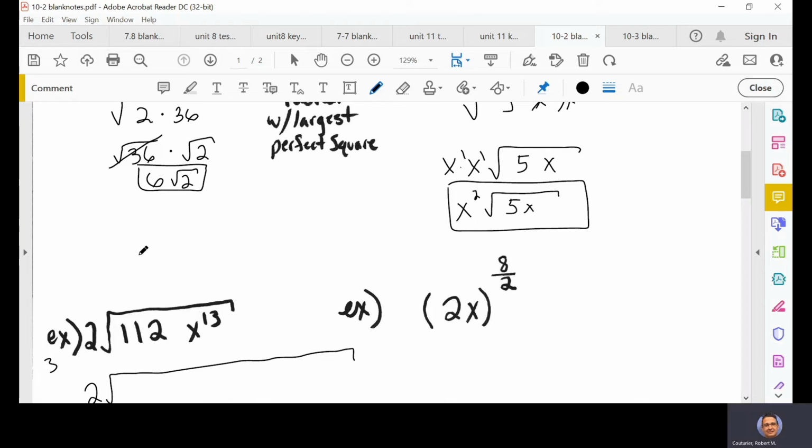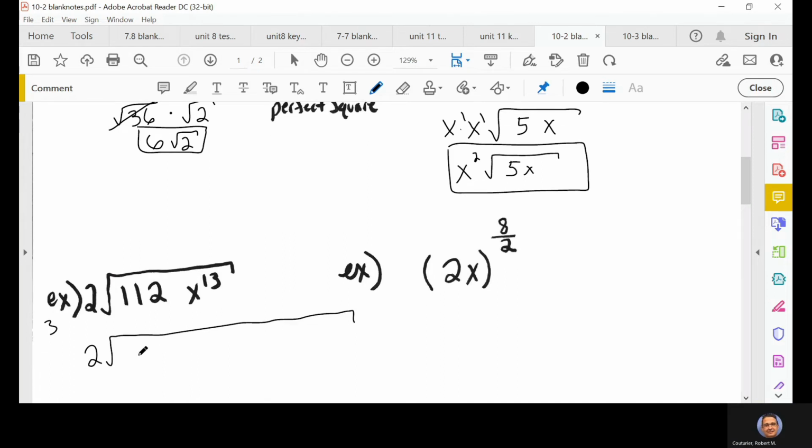Nope. 112 divided by 36. Nope. 112 divided by 25. That's not going to work. 112 divided by 16. And like that, we just found it. So this is 16 times 7.